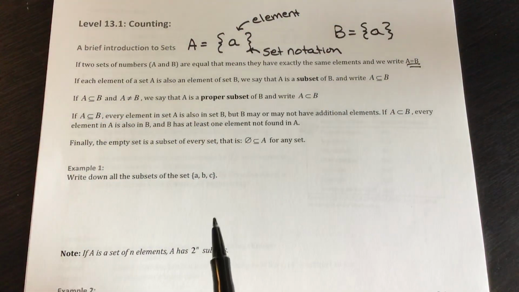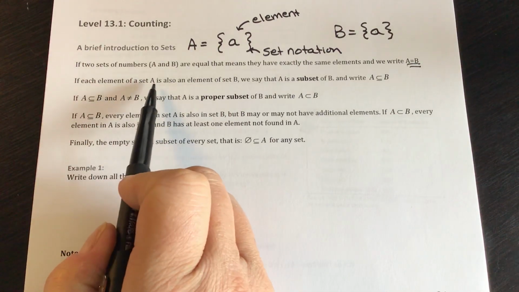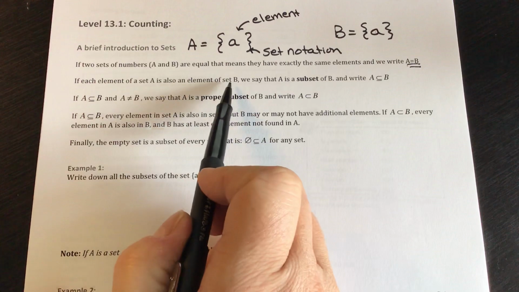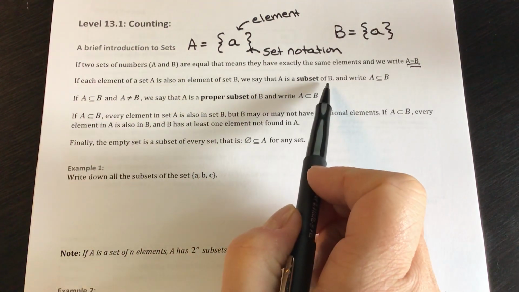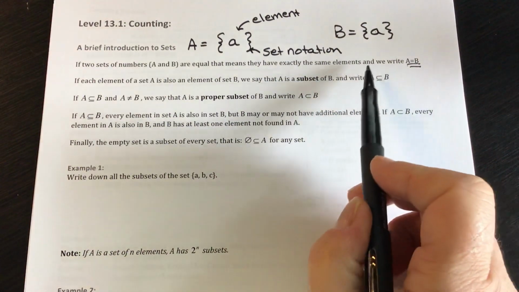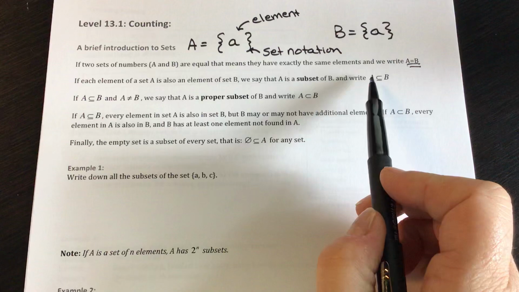The sets are equal. If each element of set A is also an element of set B, we say that A is a subset of B. And this is how we note something being a subset.